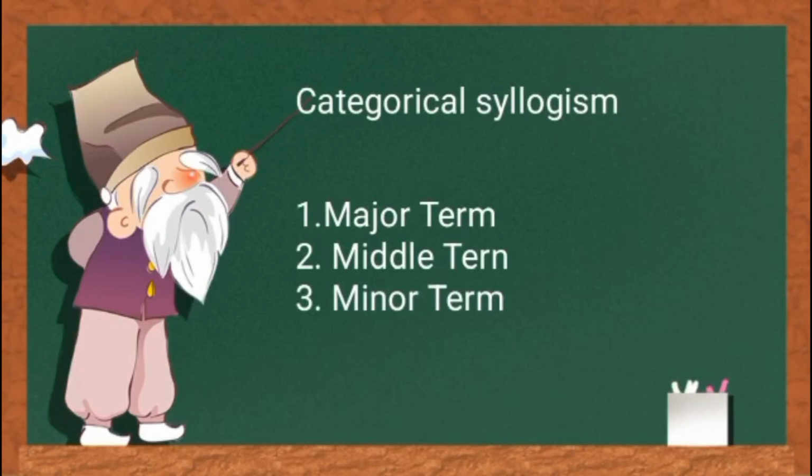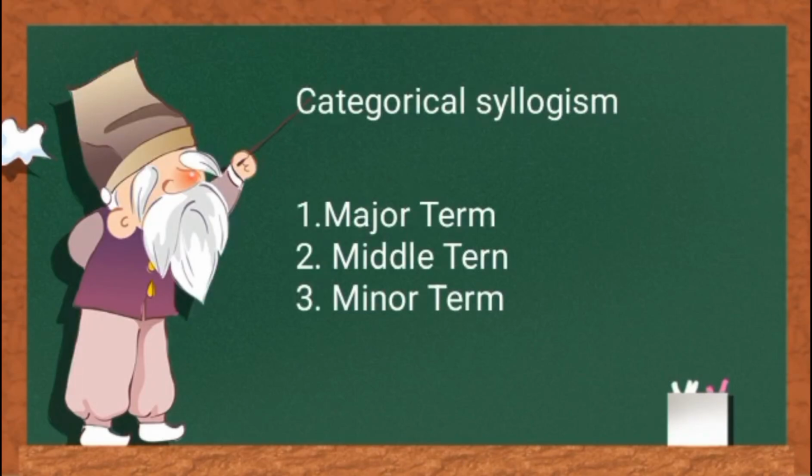A middle term is the subject of the major premise and the predicate of the minor premise. And a minor term, which is in the minor premise, designated by small letters mp, is the subject of the conclusion.